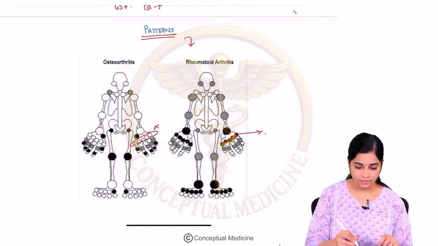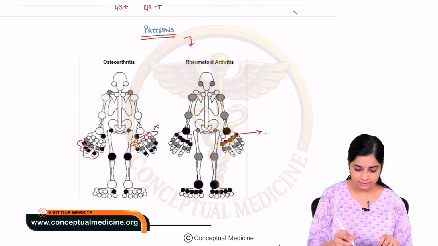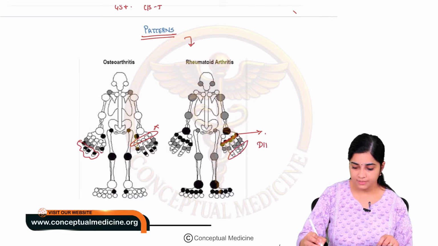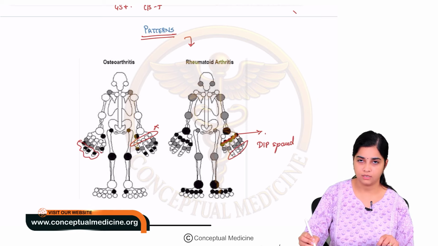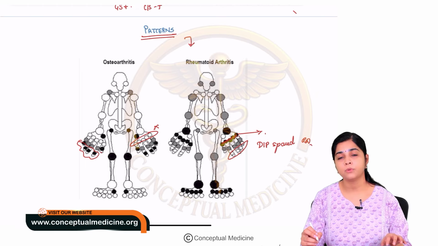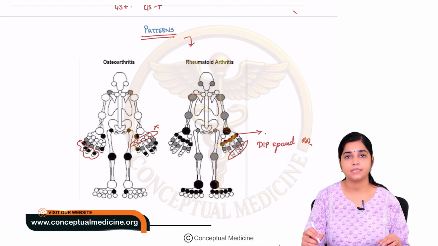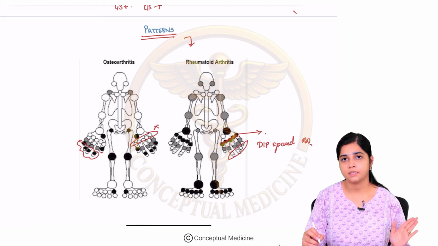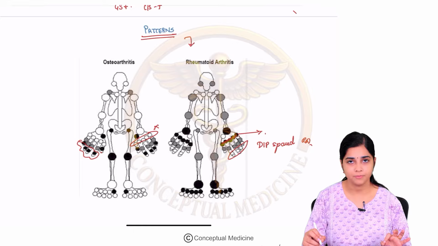Okay, then in osteoarthritis you can characteristically see distal interphalangeal joint involvement. The DIPs are spared in RA, right? So though both osteoarthritis and rheumatoid arthritis can be bilaterally symmetrical, distal interphalangeal joint involvement is seen in osteoarthritis, which is not seen in rheumatoid arthritis.